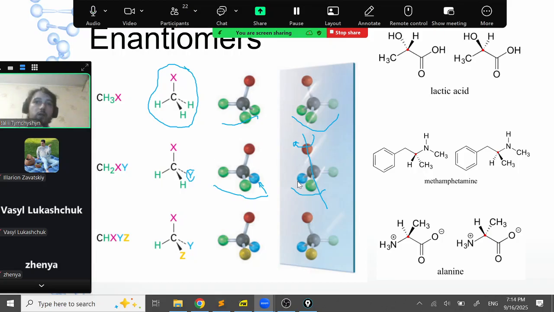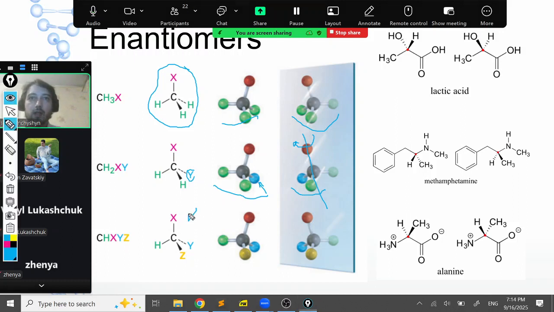So it's absolutely the same molecule. And now we get to 4 different substituents. Let's check here. So I have two bonds to 4 different, let's say, groups. And here once again I have a mirror image. But can I make from this mirror image the original molecule? No, I cannot.